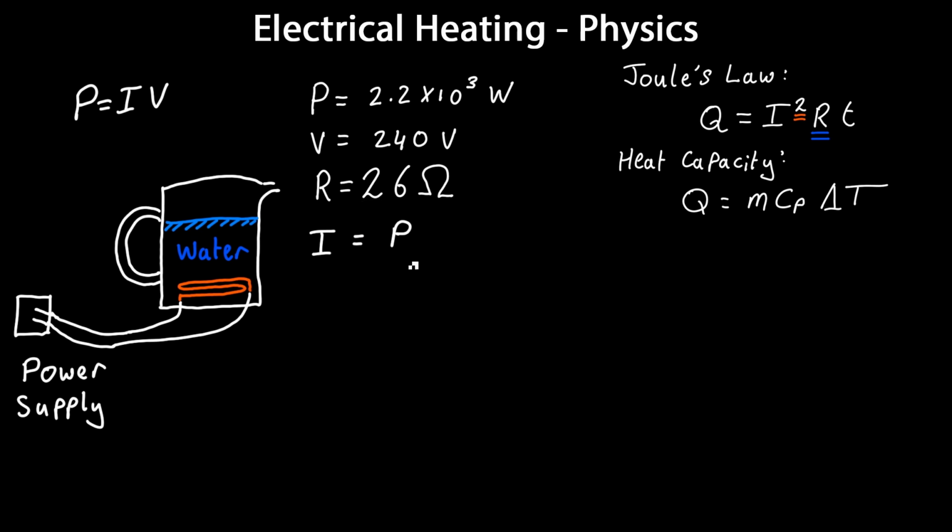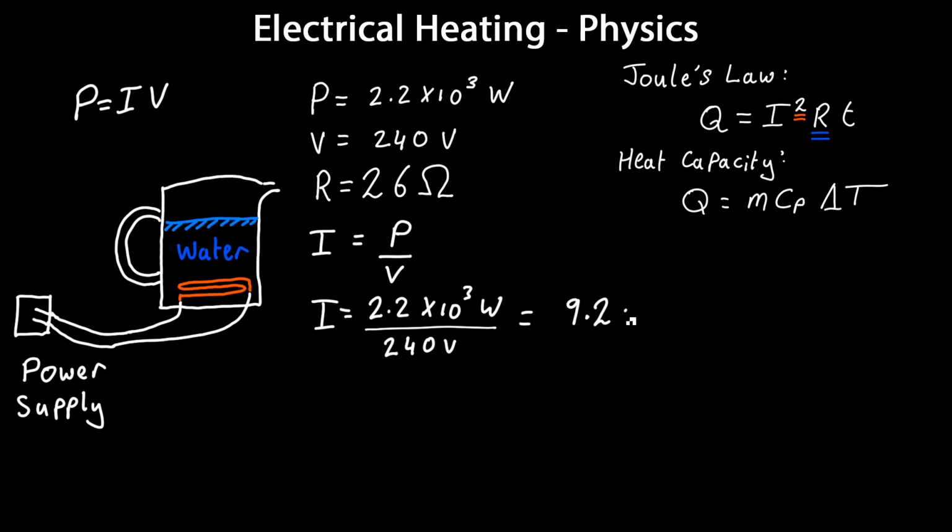And we can simply rearrange this to make the current the subject of the formula. So the current is equal to the power dissipated from the heating element in the kettle divided by the voltage drop across the element. So we get 2.2 kilowatts divided by 240 volts, and we get 9.2 amps to two significant figures.